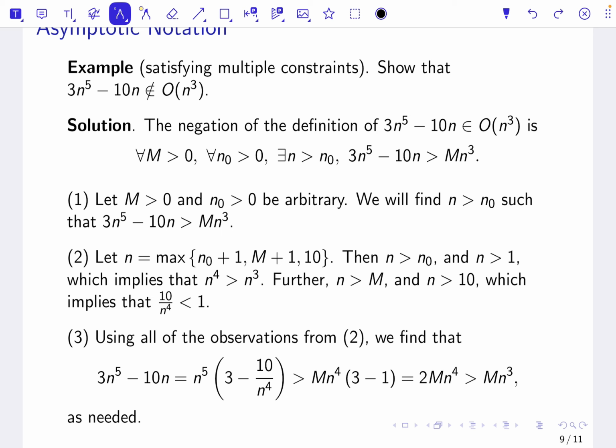We're going to have the original sides on the far sides of the inequality in our proof, and the simplified side somewhere in the middle.